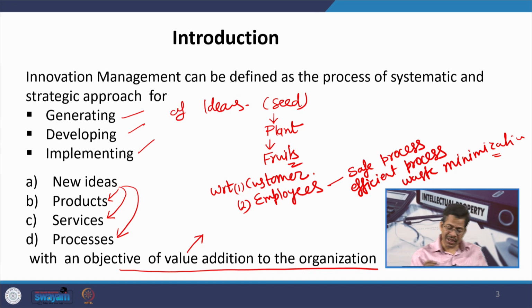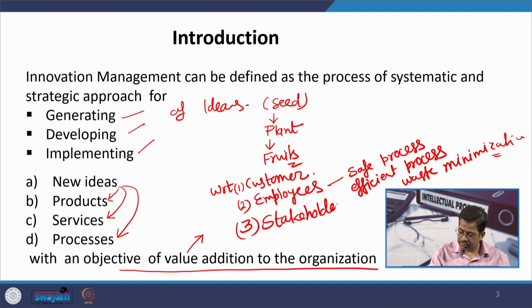You can also see from the stakeholders' point of view also. So, there may be different perspectives through which this concept of value addition for the organization can be seen.